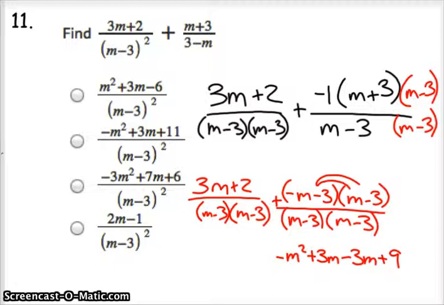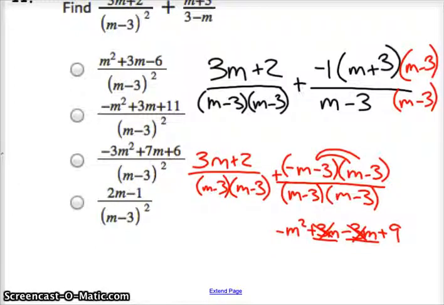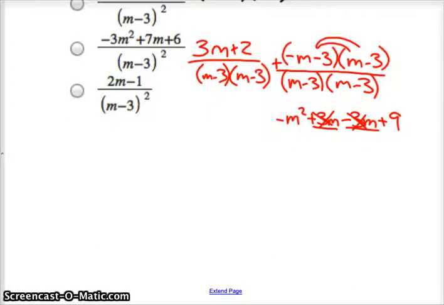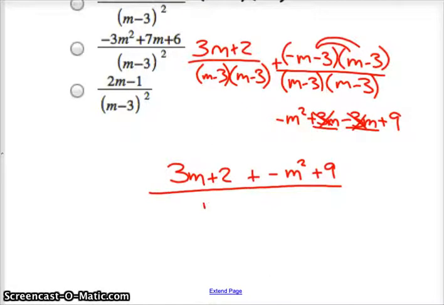Notice here I have a positive 3m and a -3m, so those will cancel each other out, become 0m. And so I'm left with 3m + 2 plus -m² + 9, and that would all be over the (m - 3)(m - 3).